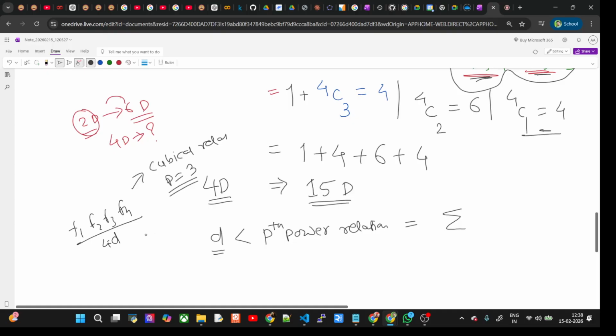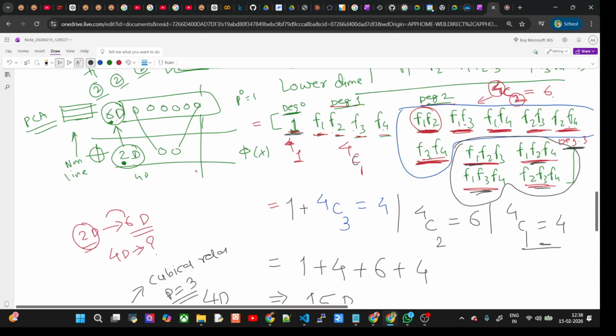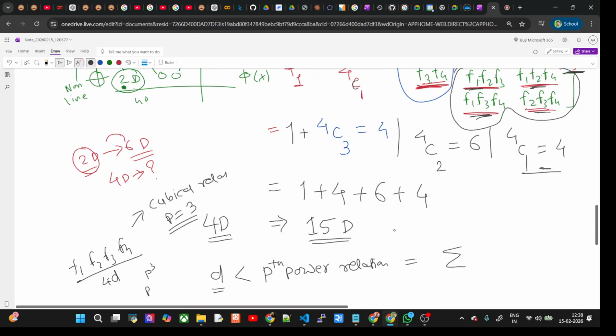We don't want only p3, we also need p2, like degree 2, degree 1 and also degree 0. So when you say I am projecting into the higher dimension with power 3, like I am interested in the cubical relationship, or I am interested in the fourth relationship or fifth relationship.